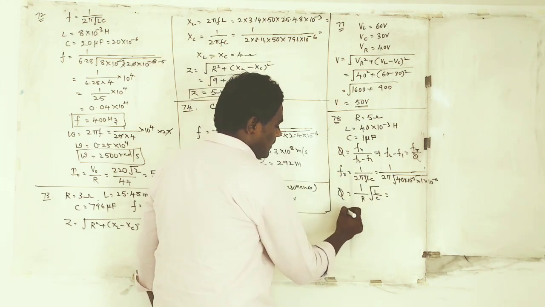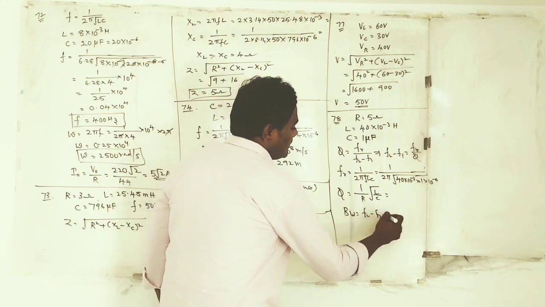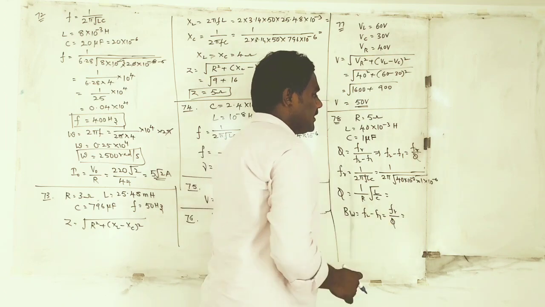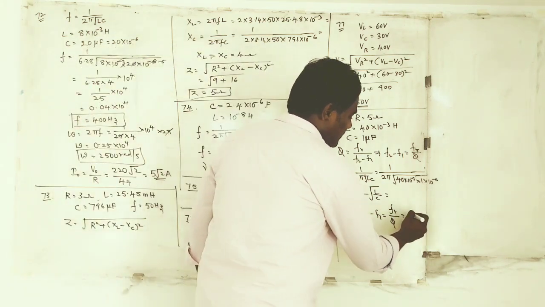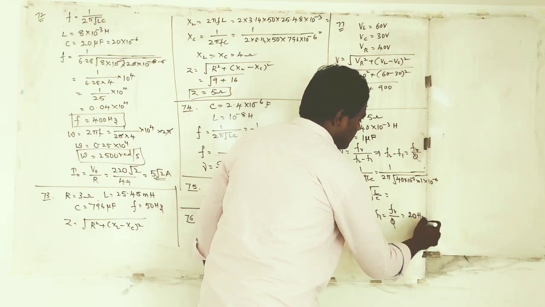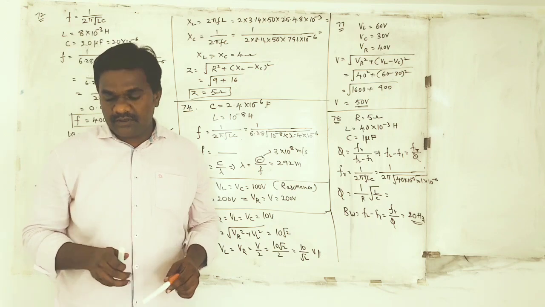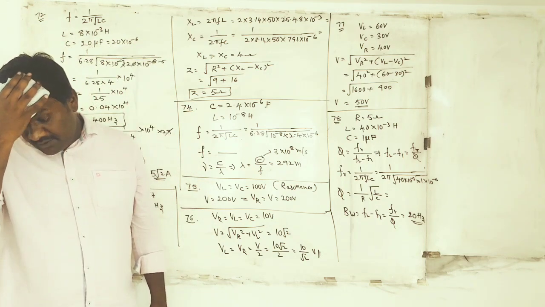Now, use the formula bandwidth, that is F2 minus F1, equal to FR by Q. Okay. If you substitute all these things, your bandwidth will be 20 Hertz, which will be option C. See, the calculation part I am leaving as homework, with the intention to solve more questions.